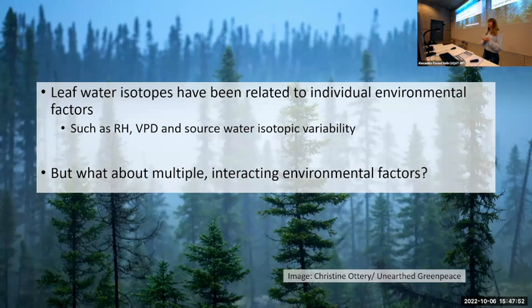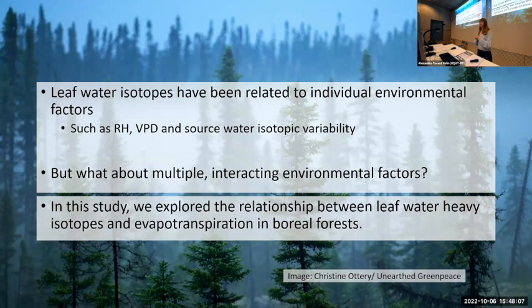You haven't just got relative humidity changing in a laboratory experiment. There's VPD change at the same time and power change. And all of these different environmental factors are also linked by ecosystem processes. So in this study, we explored the relationship between leaf water heavy isotope enrichment and one ecosystem process, evapotranspiration in boreal forests.